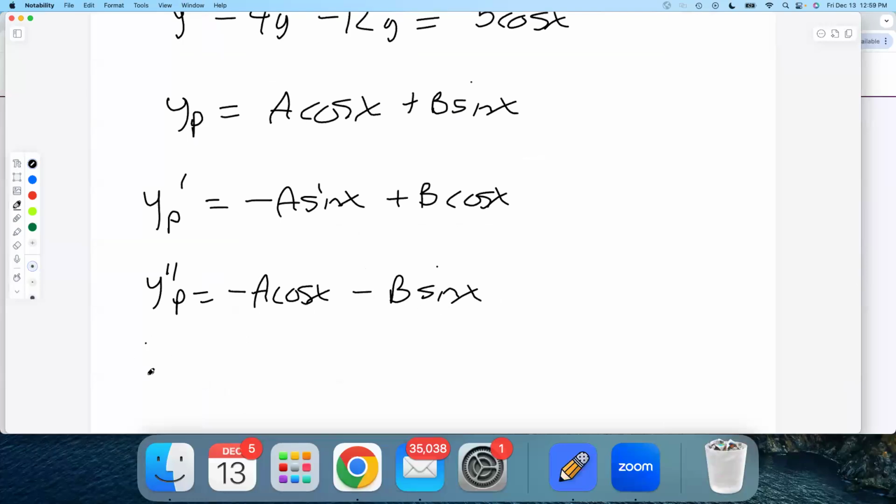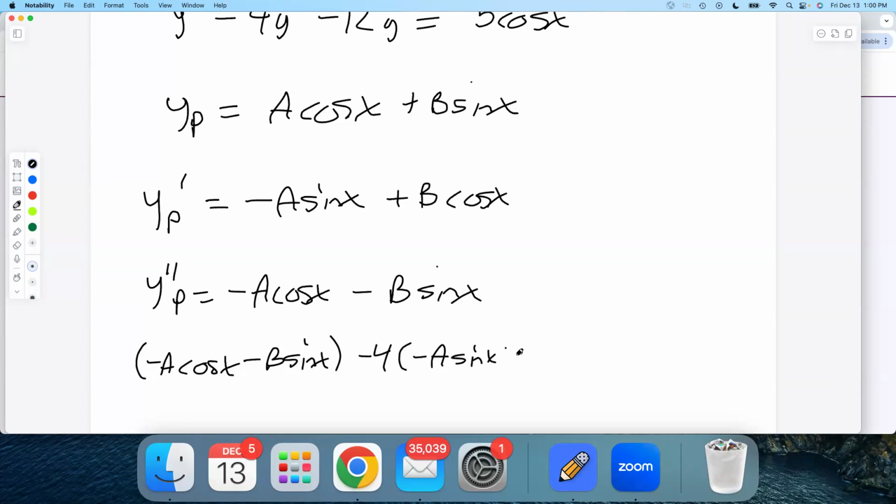So this guy here, I'm going to put everything in parentheses so we can see where everything came from. And then it's minus 4 times the derivative right there. You just got to be really careful.